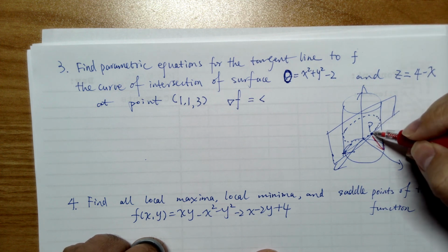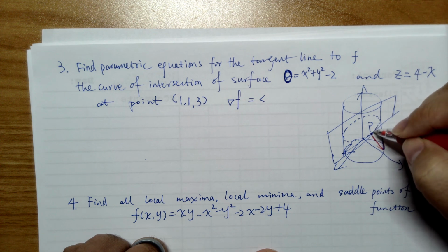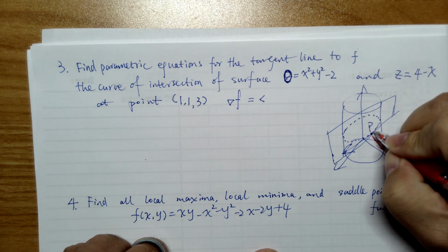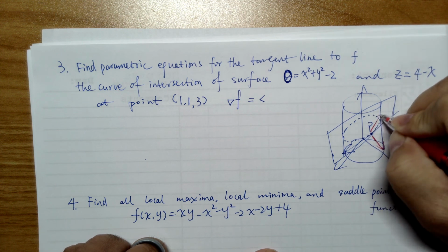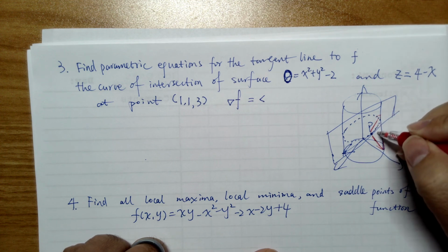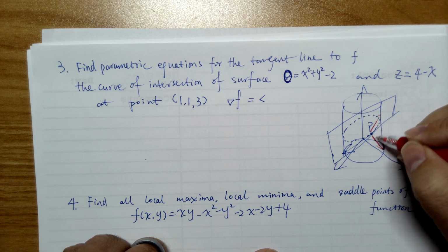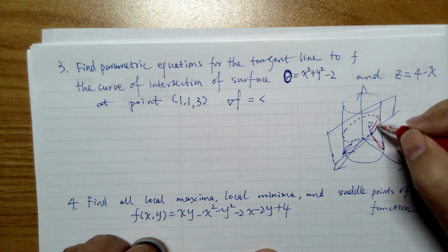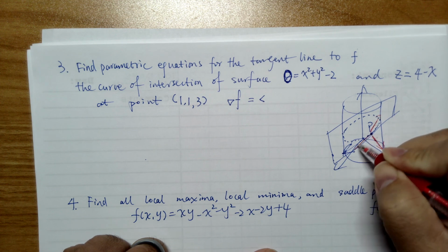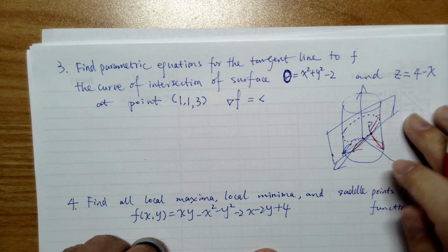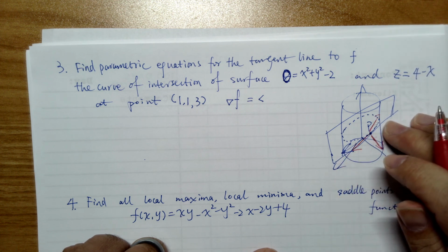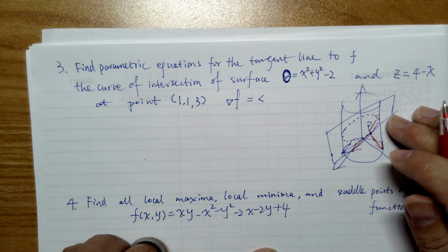Actually, this is a plane, so it could be something like this. And those two gradients, if we do a cross product, will give you a vector, and that vector is parallel to this tangent line.